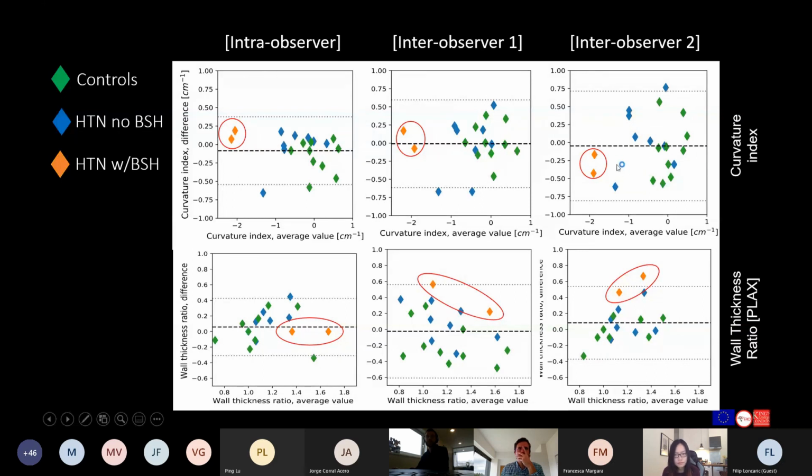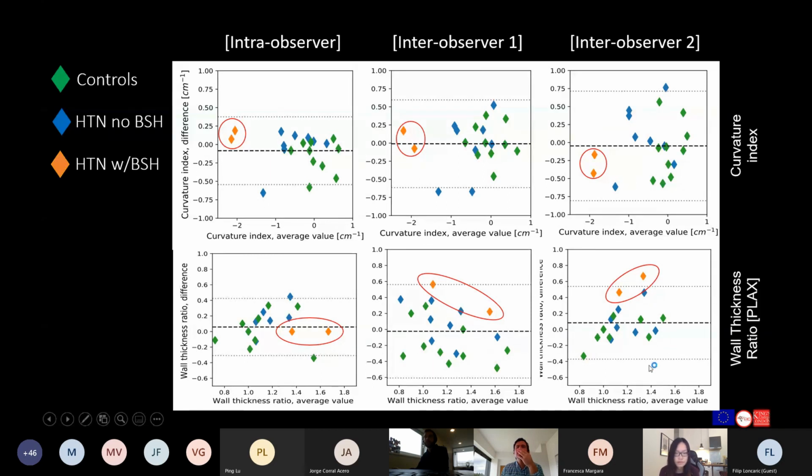But in the case of curvature, even though there are differences, they're always going to be on the concave side of the curvature. So it always shows that the left ventricular septum is concave and there's a septal bulge. Whereas in the case of wall thickness ratio, the wall thicknesses can be measured differently at different points of the septum, so you can't really tell whether the patient has or doesn't have a septal bulge.